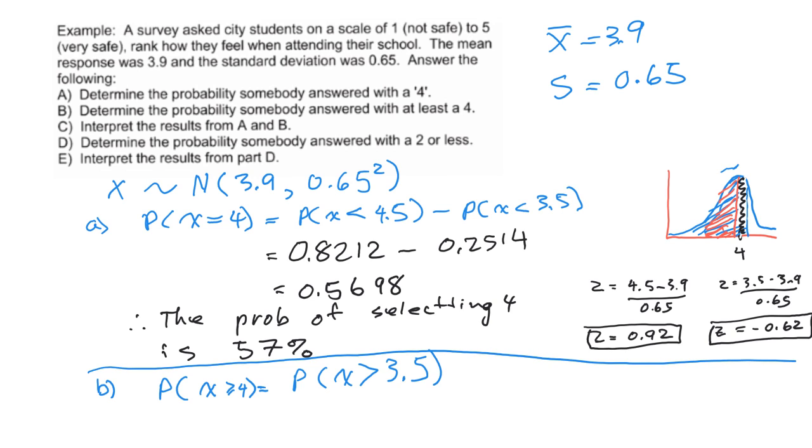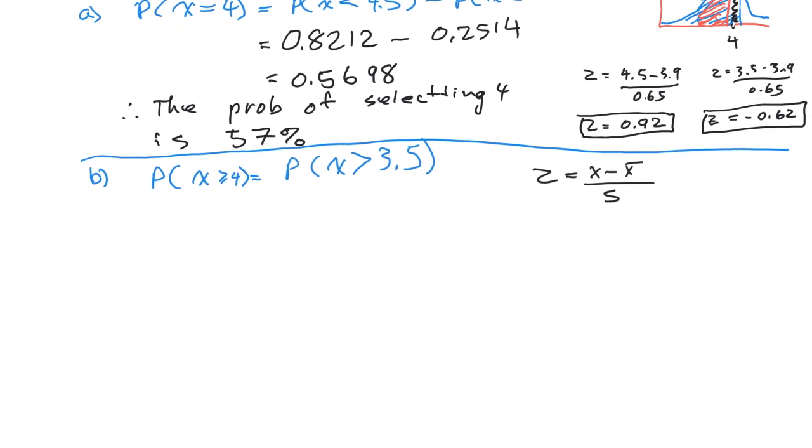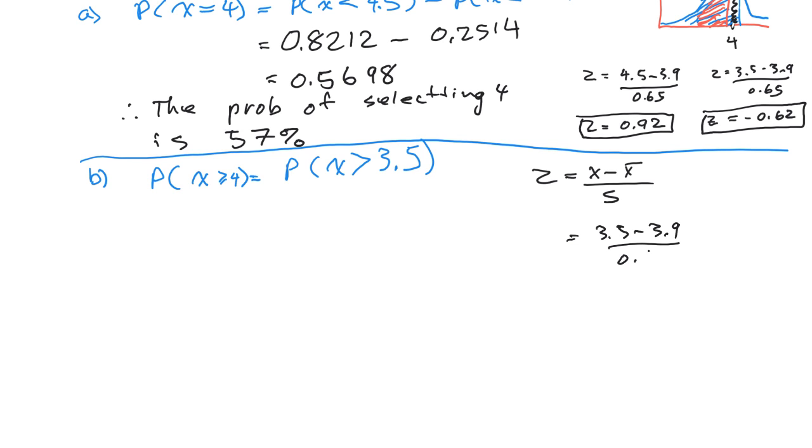That Z-score is going to be Z equals X minus X bar over S, so we've got 3.5 minus 3.9 divided by 0.65, which gives us approximately negative 0.62.